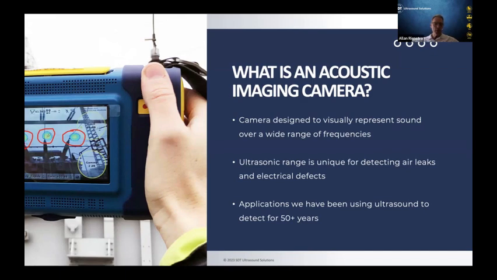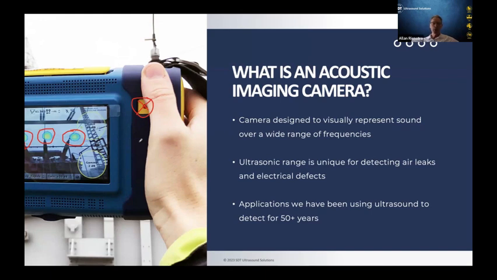So this little rainbow burst of color is an indication of where sources of airborne ultrasound are, and we can visually display them on a camera. Then if I move my finger down and hit this yellow button here, I can store that as a picture or as a video.